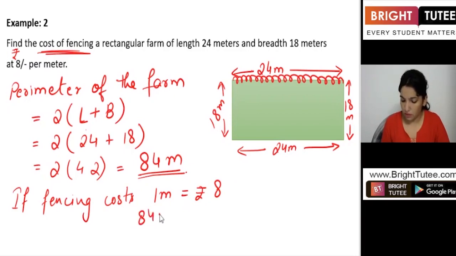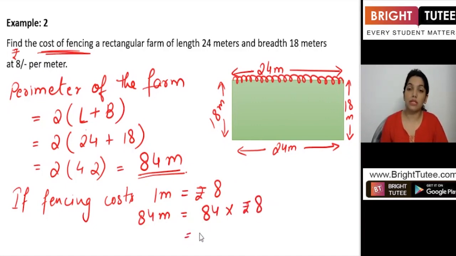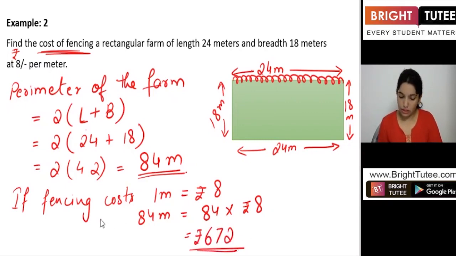So 84 meters equals 84 times 8 rupees, right? So let us find what is the answer to 84 times 8. So it is 672 rupees. Okay, so when you're finding the cost of something, the answer should be in rupees or dollars or whatever the denomination is given to you.